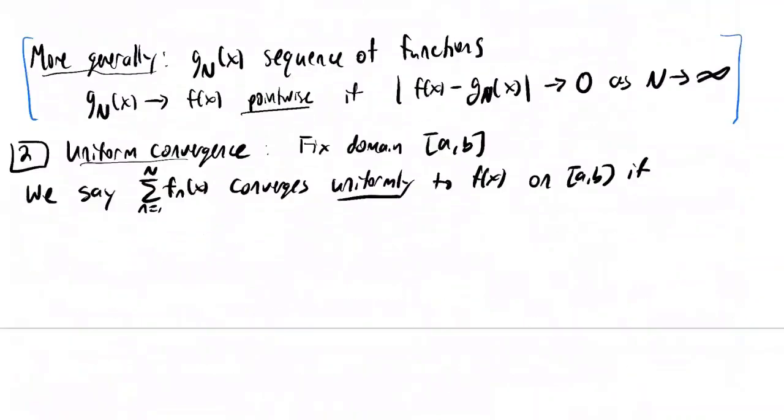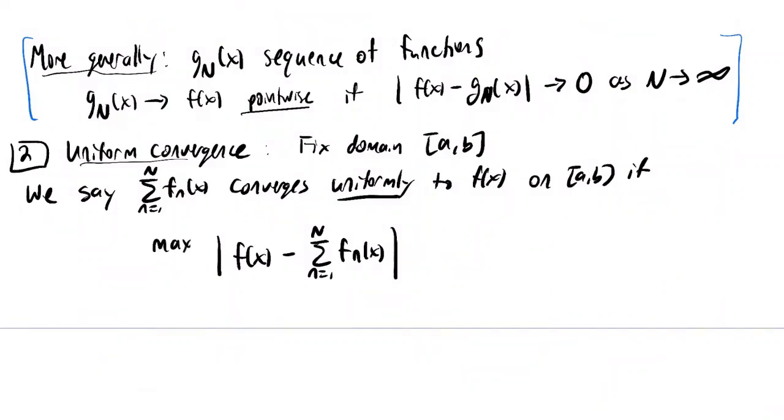And so the way to write this precisely is, well, you look at the difference between f of x minus the sum as before, right? But we look at the largest this can be on the interval. So we look at the maximum where x is between a and b, right? And so we require that this converges to 0, the whole maximum, as n goes to infinity, right?